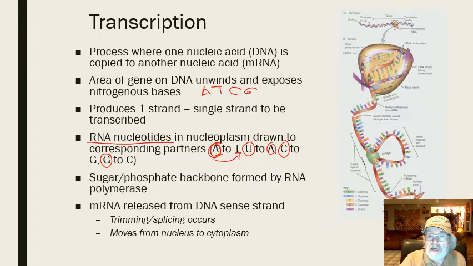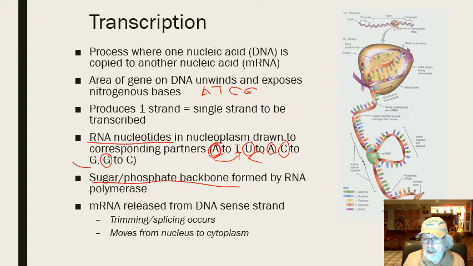If there's adenine on the DNA, it's going to be uracil, because in RNA there is no thymine. Uracil is that base. Cytosine is always going to bind to guanine, and guanine is always going to bind to cytosine. Once they have those complementary bases, a sugar backbone is formed. That creates a single strand, and that becomes messenger RNA.